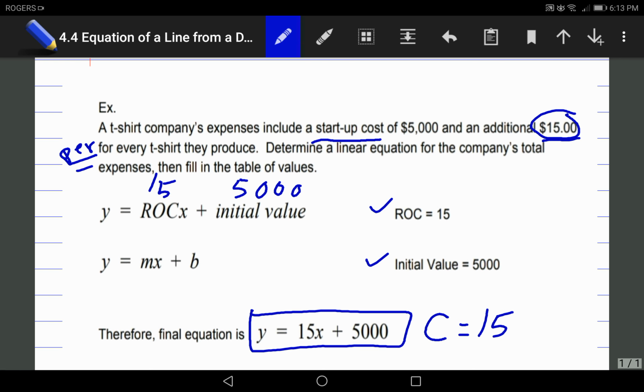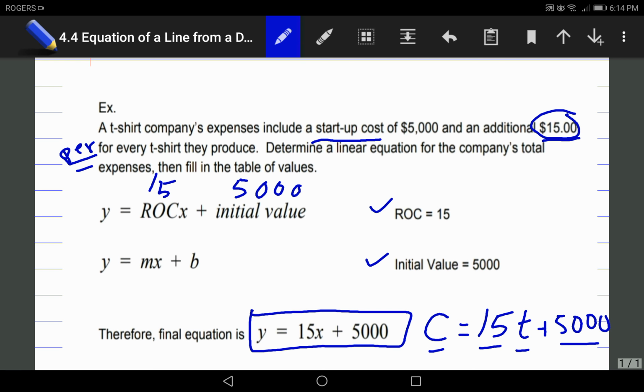So times the number of t-shirts. Okay? So you can use the letter N for number or T for t-shirts. Okay? Plus 5,000. Right? And now it makes sense when you read it. It says the cost equals $15 times the number of t-shirts and then add 5,000 because that's our initial cost.